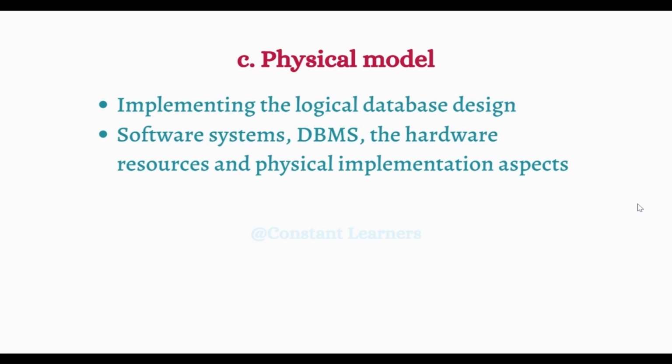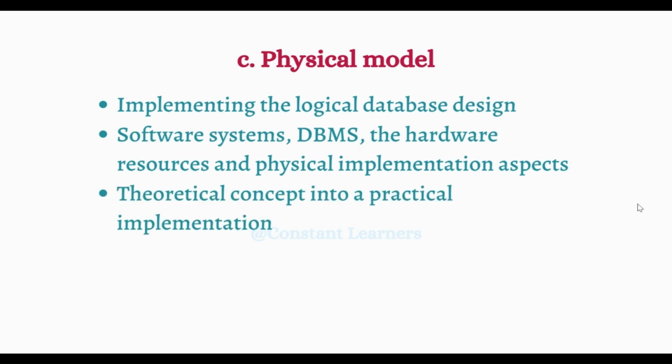So, the database management system is considered in the physical modeling stage. This stage brings the database design to life by transforming it from a theoretical concept into a practical implementation. All right. This step actually determines how and where the data will be stored on physical space.